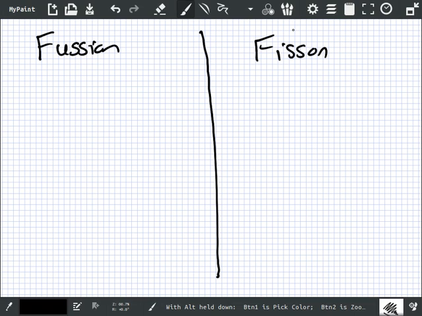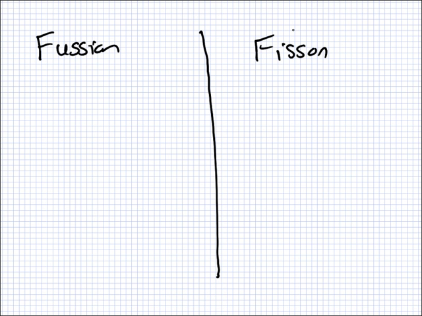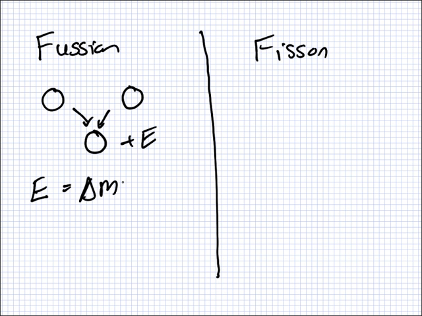We learned about fission more, because it's more common. So with fusion, you take 2, they come together, and they make 1, plus energy. This extra energy comes from the mass change.